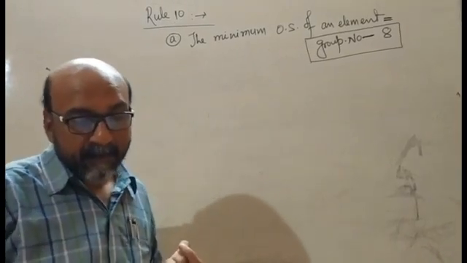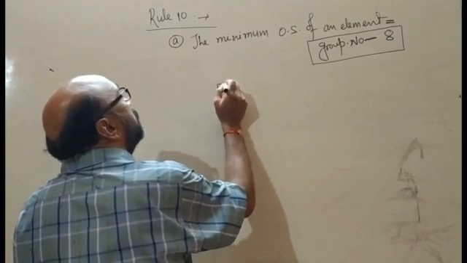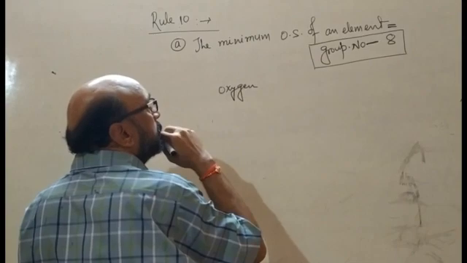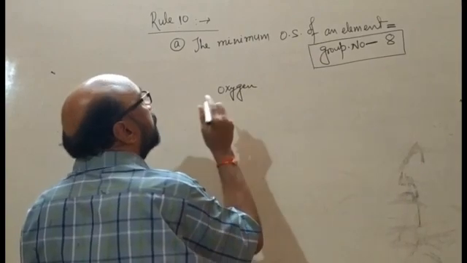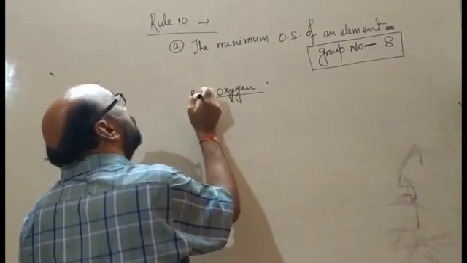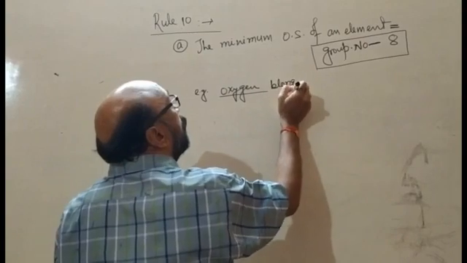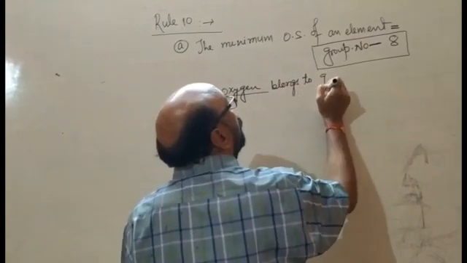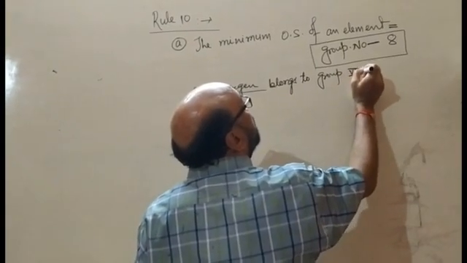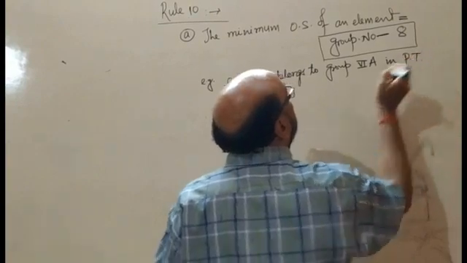Take an element, oxygen. Oxygen belongs to group 6A in the periodic table.